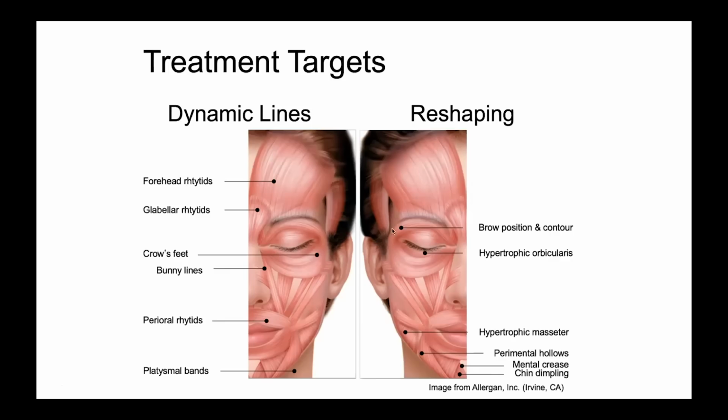So many times we can lift the lateral part of the eyebrow just by injecting botulinum toxin in the orbicularis out here so it doesn't bring the eyebrow down. We can lift the corner of the mouth by injecting into the depressor anguli oris here so that this muscle doesn't bring the corner of the mouth down.